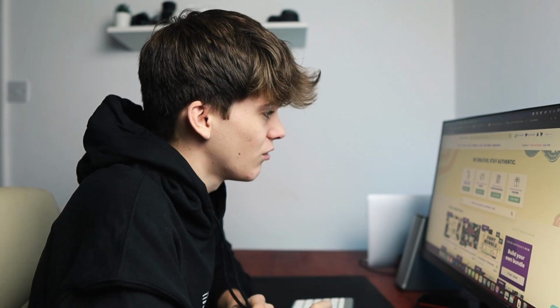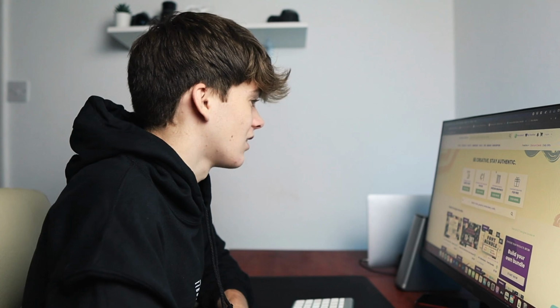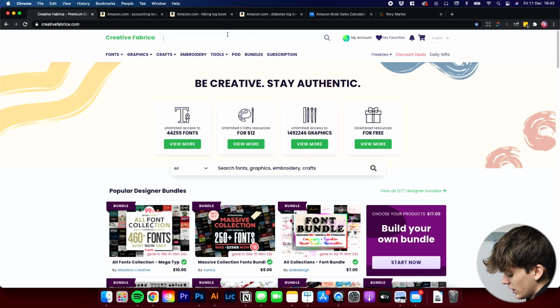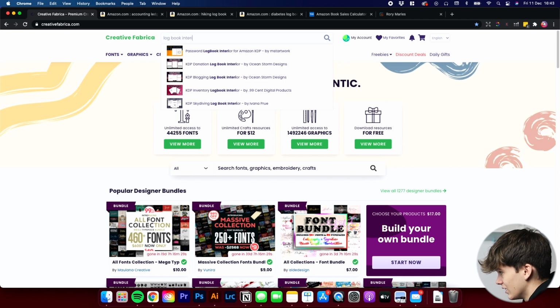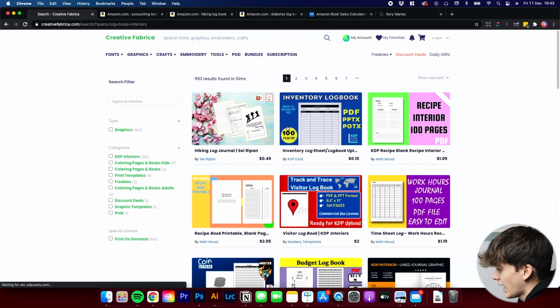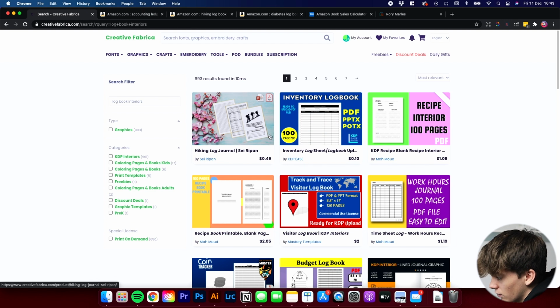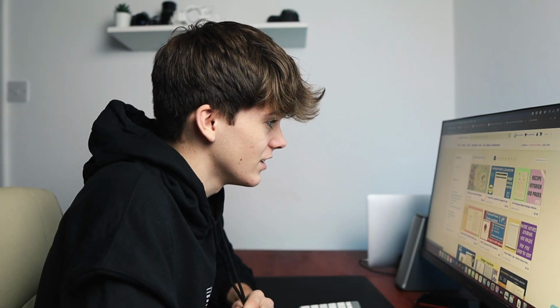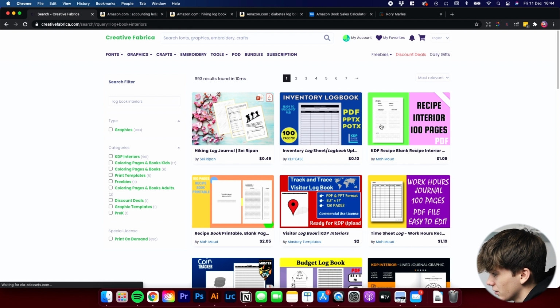Now, let's start off by looking at some interiors. I'm going to be using the site Creative Fabrica. We can basically just start off by typing in Logbook Interiors and having a look at what comes up. It's got a few here, like this hiking log journal, which could be a possible niche. And then inventory logbook, which I know is quite good.